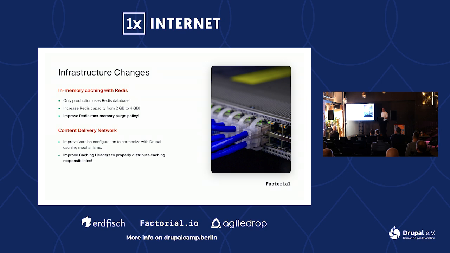Let's not go into this. Essentially, the idea is my cache is full, which item do I purge first? Before, we had a setup where we were just purging the oldest, but in a Drupal sense, this is not the best approach. And now we're following a purge policy where we're purging the least frequently used item.